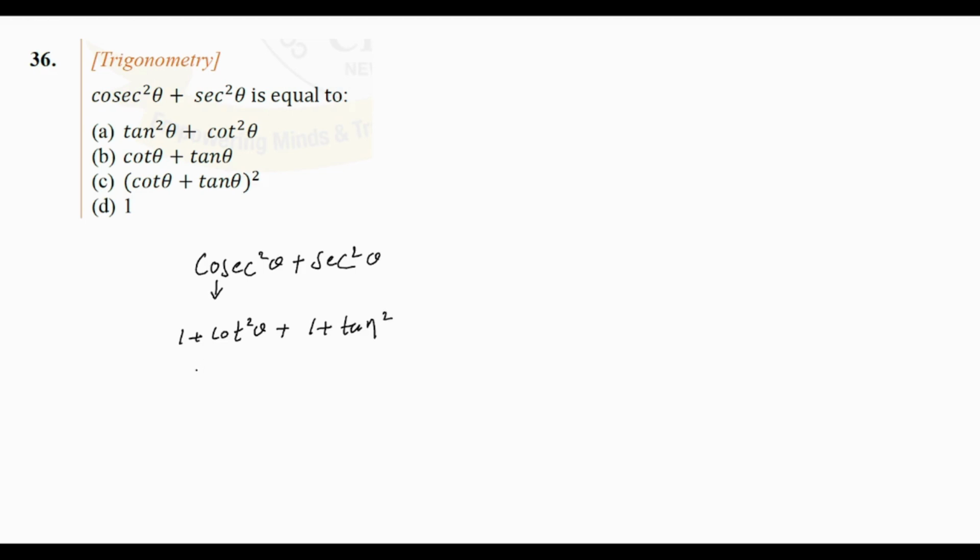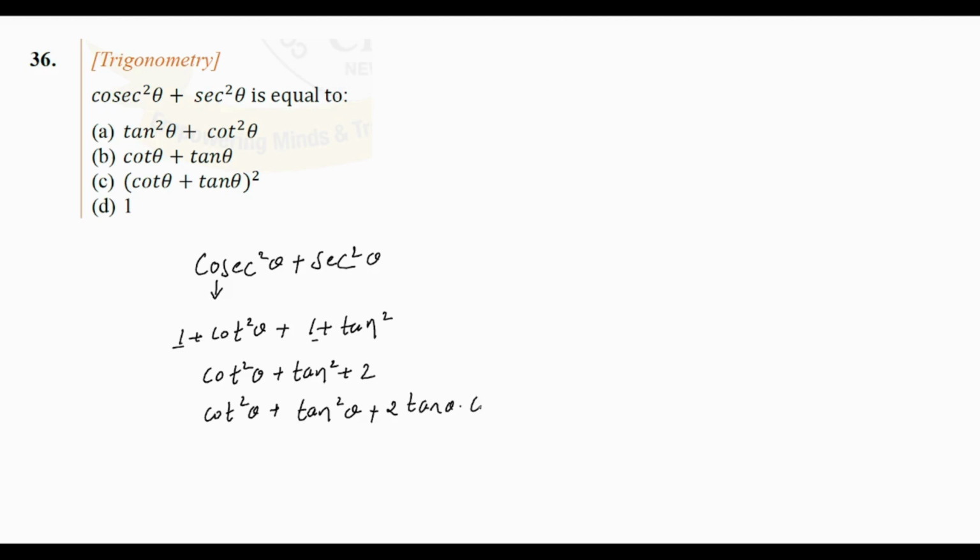So I can write this, need to be very careful over here, as cot square theta plus tan square theta plus 2, because 1 plus 1.